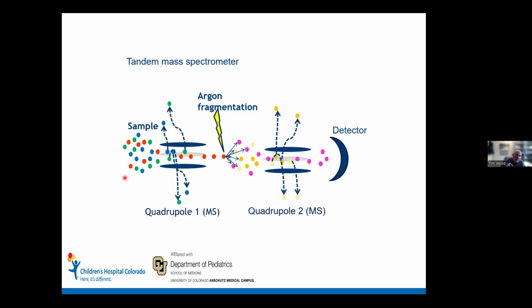It's a beam that you're creating for those ions to go through, a very specific lane for a single molecule. So think about everything that's in your blood, and you're trying to pick out that one molecule of interest.